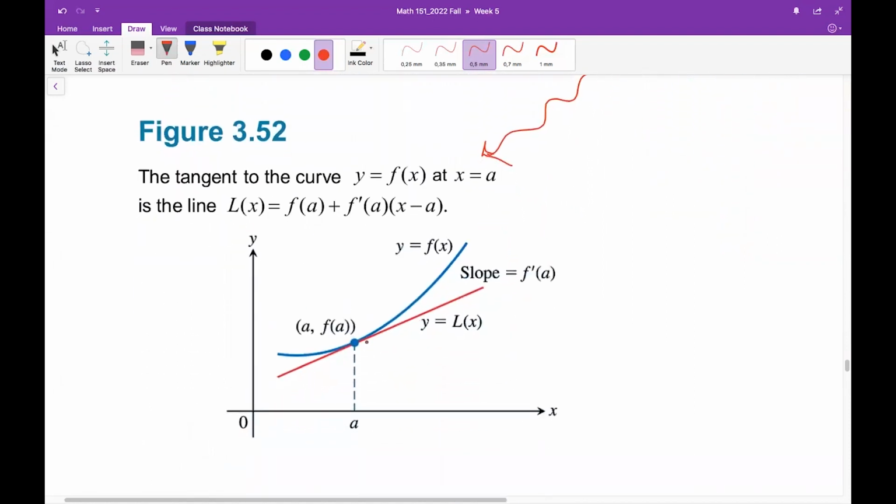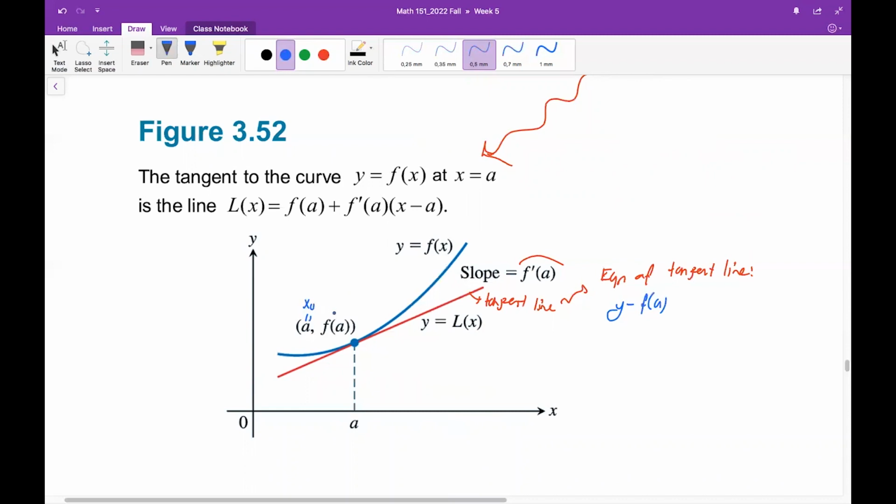Okay, so again, we have this curve. Our curve is y equals f of x. We draw this tangent line, and its slope is given with this quantity. And then you can write the equation of this tangent line, right? The tangent line is written y minus y0, which is given as f of a.